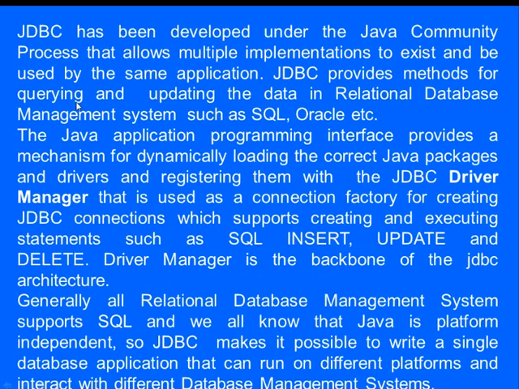JDBC provides methods for querying and updating the data in relational database management systems such as SQL, Oracle, etc. The Java application programming interface provides a mechanism for dynamically loading the correct Java packages and drivers and registering them with the JDBC driver manager, that is used as a connection factory for creating JDBC connections, which support creating and executing statements such as SQL insert, update and delete, etc. Driver manager is the backbone of the JDBC architecture.